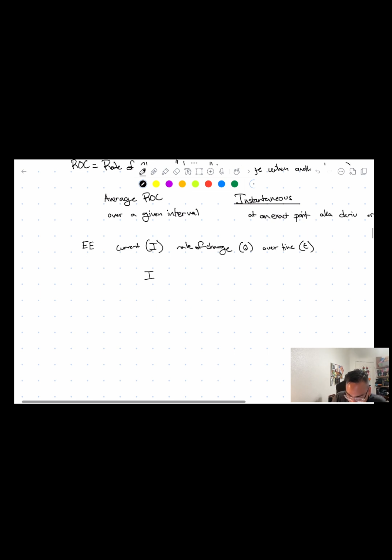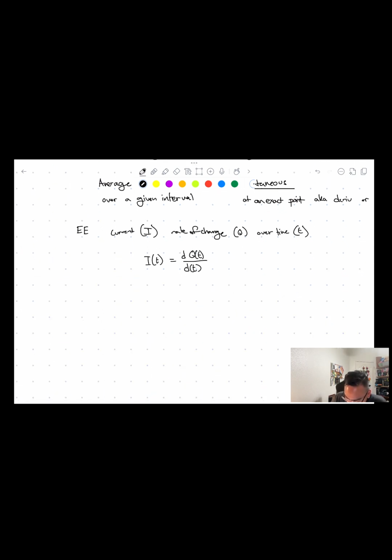It's a very, very famous equation. I of T is equal to the derivative of Q of T over the derivative of T.